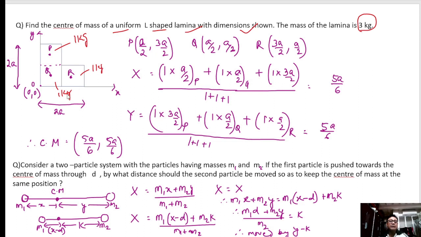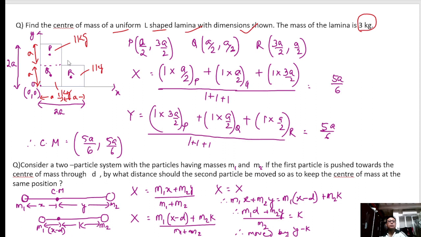Now let the dimension of this part be 2a. So this is 2a, so this part is a, this part is also a, this part is also a, and this part is also a.